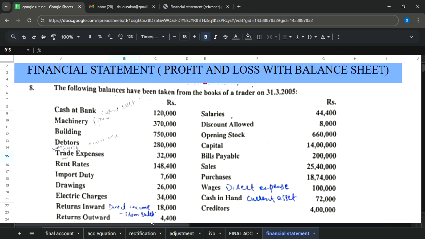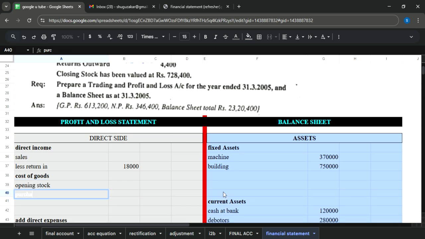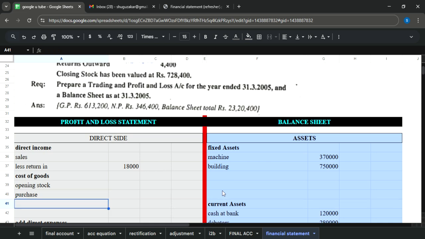After return in, we have return out. If return in are sales return, return out would be purchase return. So here in cost of goods sold, opening stock plus purchases less return. Okay, we can write it. First, cost of goods sold include opening stock, then we will see how much purchase, and then return out would be mentioned over here.